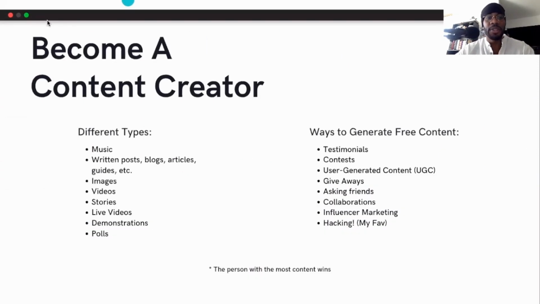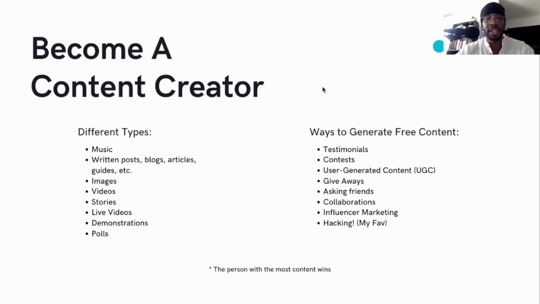And now when you say your music is good and it's time to start putting out content, now we're heading into the content creation part of this presentation. You need to become a content creator. Now there's different types of content that you can put out. There's music, there's blogs, there's images, there's videos, there's stories, there's live videos, there's demonstration videos. There's ways to generate free content.